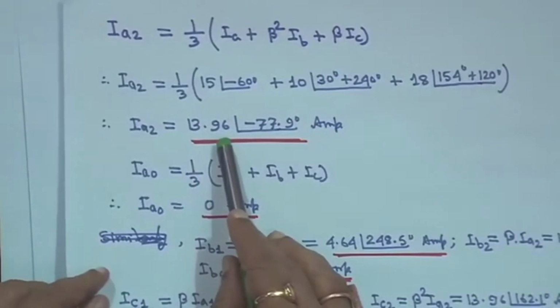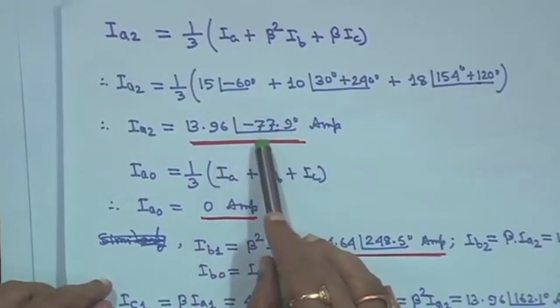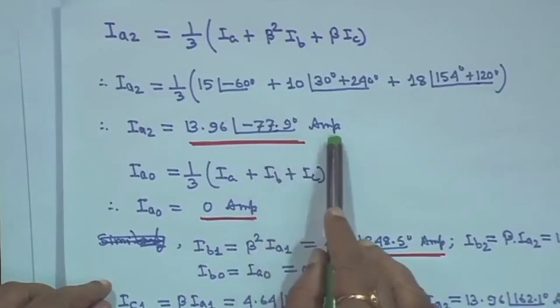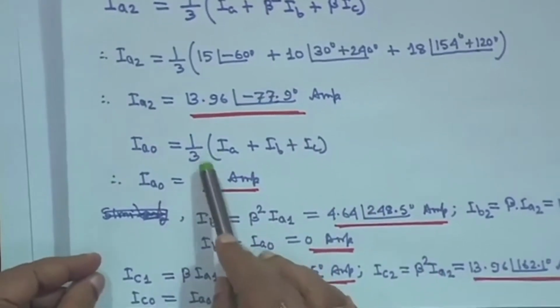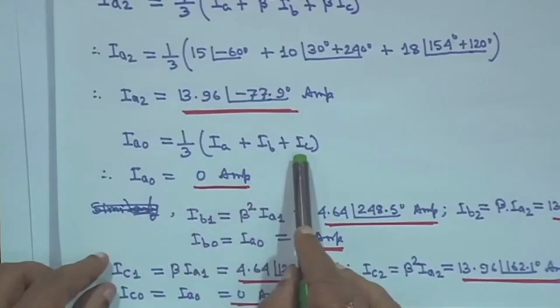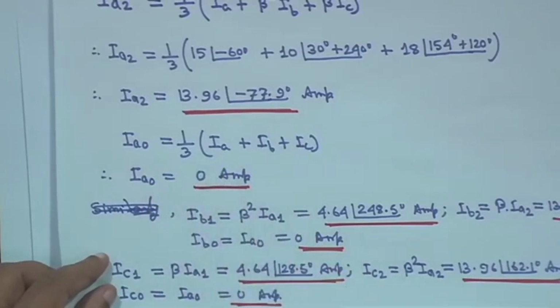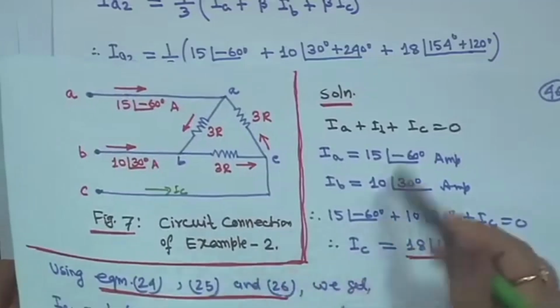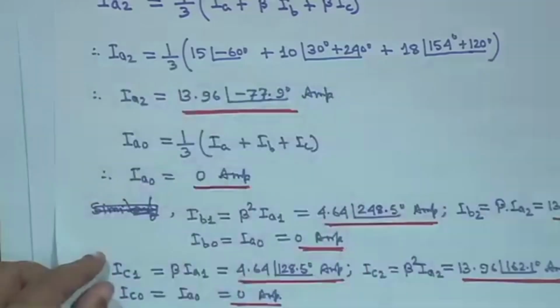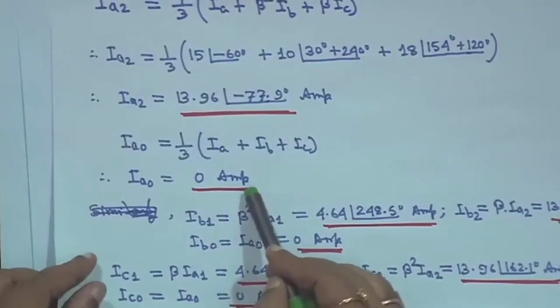So, IA2 we get 13.96 angle minus 77.9 degree ampere. Now, IA0 is equal to 1/3 of IA plus IB plus IC, and that condition is already given, because in a delta connection IA plus IB plus IC is 0. Therefore, IA0 is equal to 0 ampere.